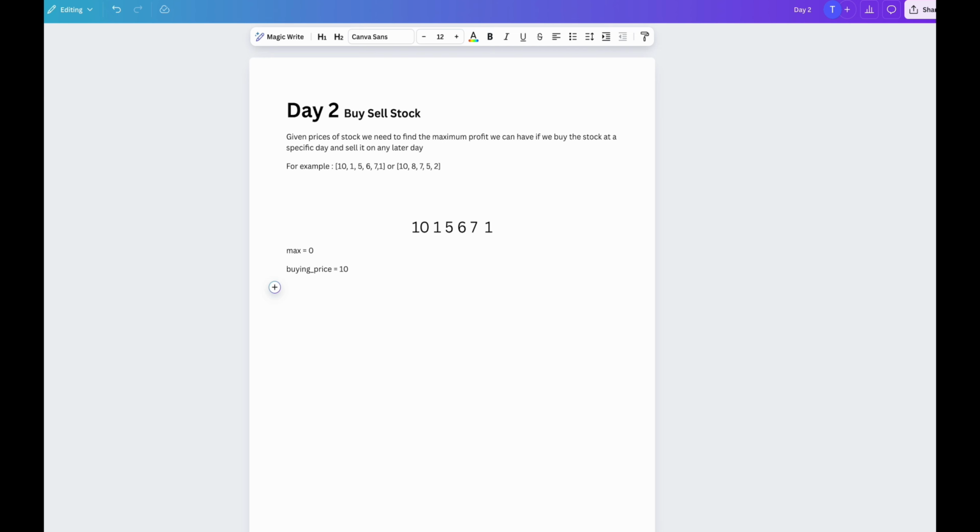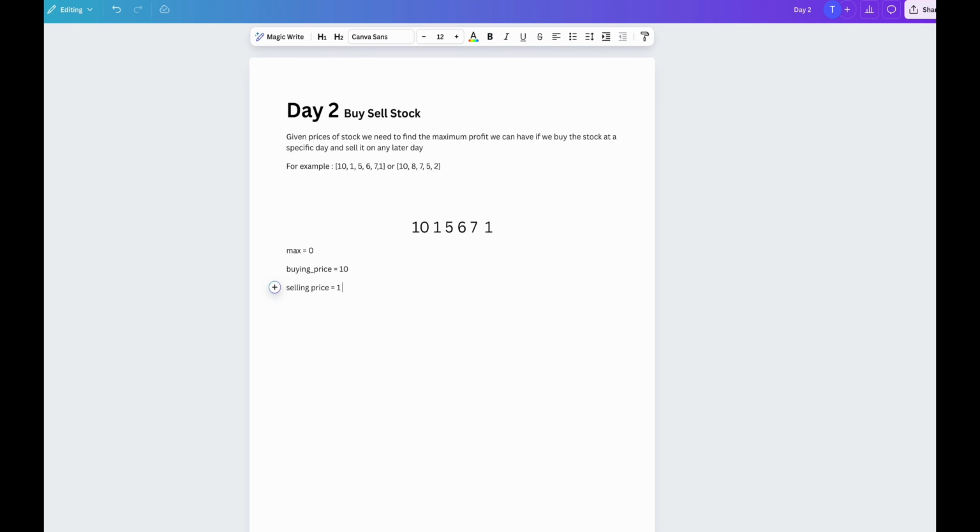Now considering we have bought it at 10 rupees or $10, whatever you want to consider, let's see if we can sell it on the next day. On the next day, the selling price is going to be 1, which is much lower than the buying price.